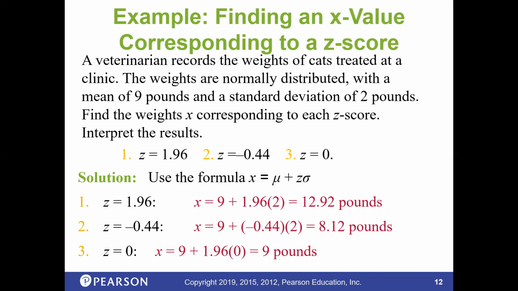I've got a few people still writing it down, so go for it if you need to. What we're really doing here is just changing a scale. The standard normal distribution and a normal distribution look the same.